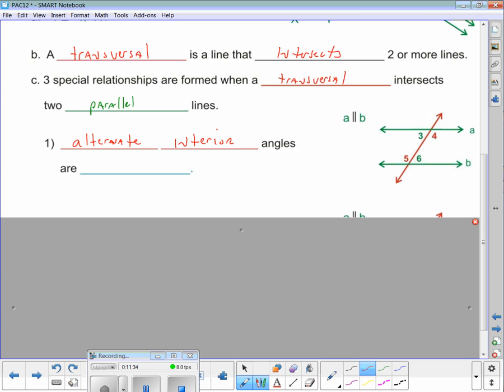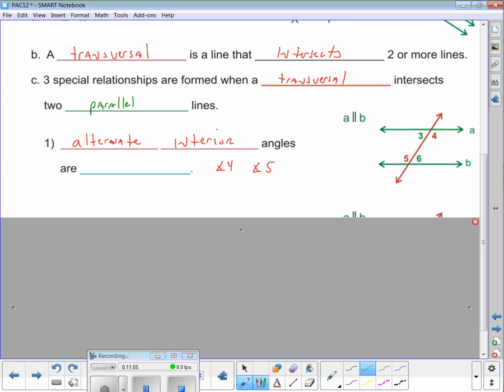Okay, so let me see if I can get you guys to understand what we're talking about. One of these sets is angle 4, and the other one is angle 5. Leave some room between them because we're going to put a symbol between them. Angle 4 and angle 5 are alternate interior angles.